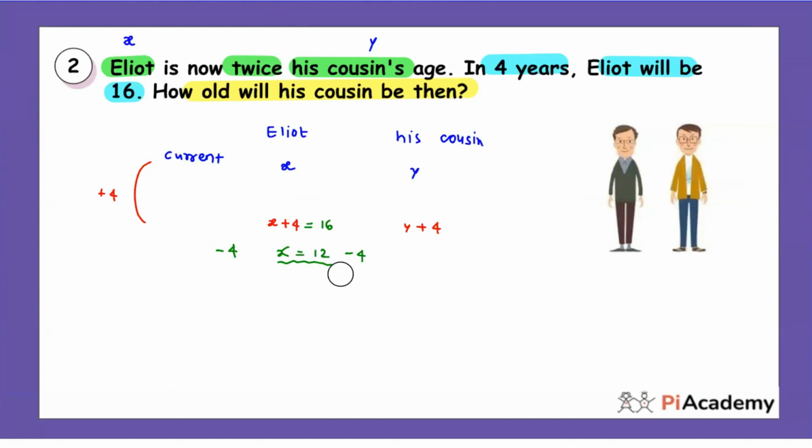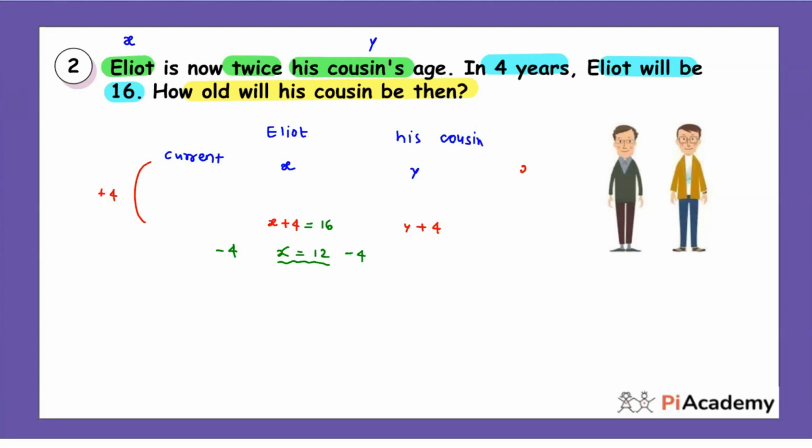I mean for Elliot. Once you have the value of X, what they are asking is how old will his cousin be then? So they are asking about his cousin, right? So for that, we need one more equation, and that equation is given to you initially: Elliot is now twice his cousin's age. It means what?